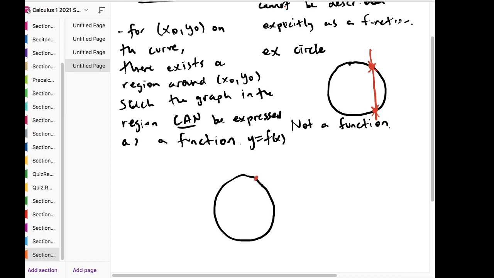Take this point here. Even though this whole thing is not a function, let's take this point here, (x0, y0), and let's look at a region around that point. Let's just take this little region. What does the graph look like in this region?